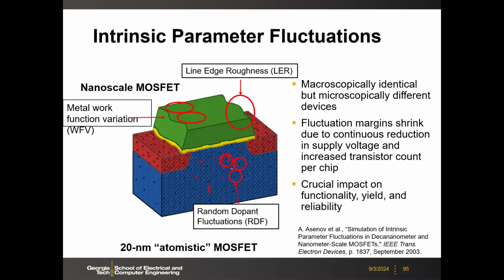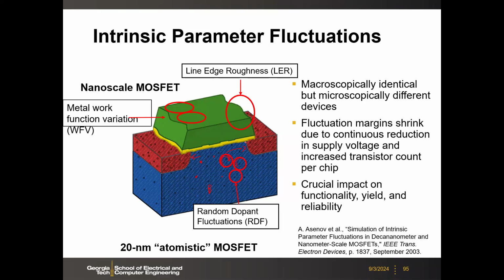So it may not be a big deal when the transistor size is large, because you have many of them. You can average out the effect of those discrete atoms. But as you shrink the technology node, the total dimension here is very small. So you only get tens of dopant atoms there.